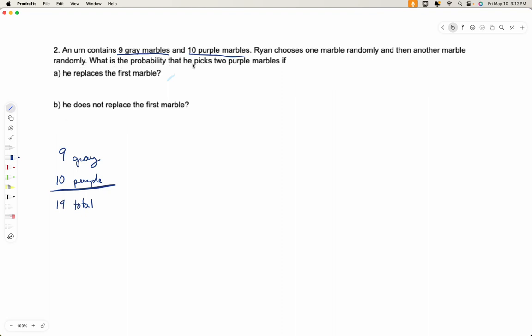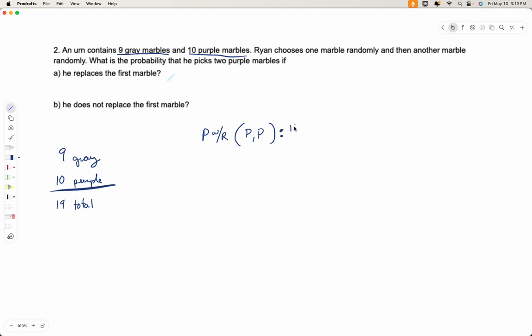What is the probability that he picks 2 purple marbles if he replaces the first? So probability with replacement that it's going to be purple is this. There's 10 purple out of 19 total.